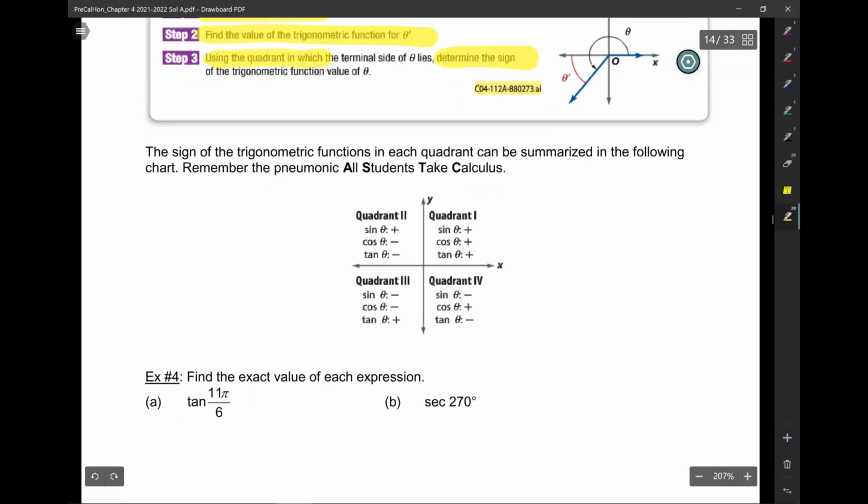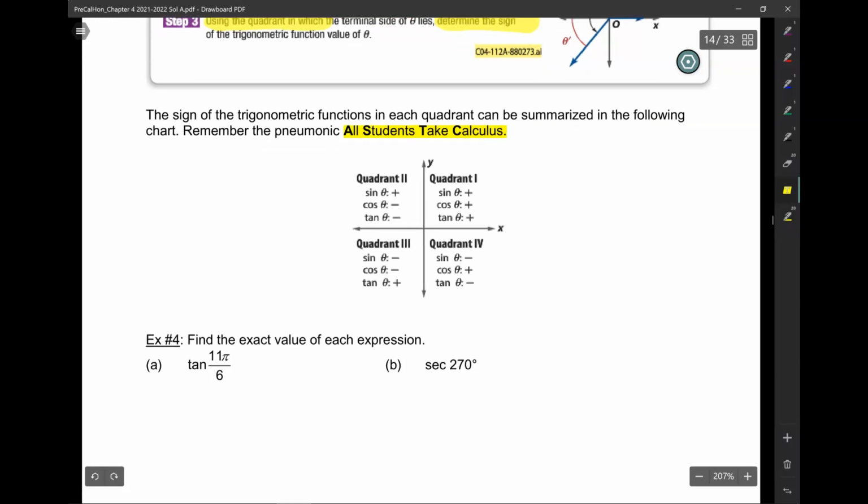In order to decide that, there is this mnemonic device. All students take calculus. Okay? It doesn't have to be a correct statement. It just has to have the right letters. Okay? So here we go. Here's how it works. Everything is counterclockwise. All students take calculus.